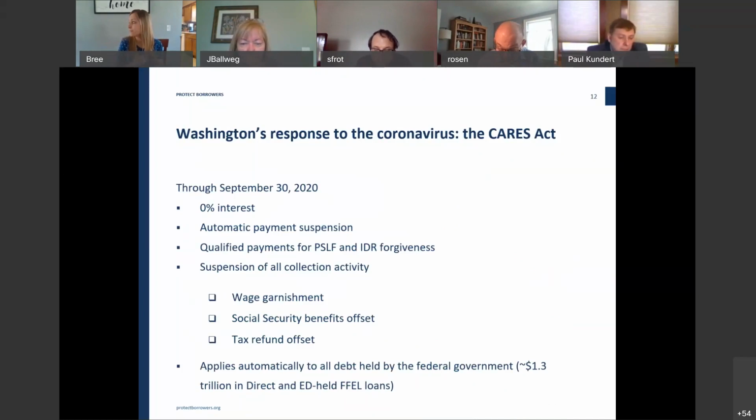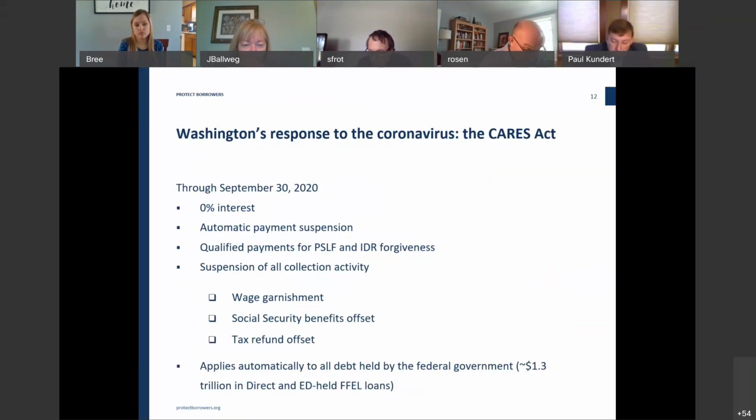So what steps has Congress taken? Obviously the most significant thing they have done is essentially pause all federal student loan payments. To be 100% precise, for any loan the federal government holds, which is around $1.3 trillion of it, they said that for the next few months, borrowers don't have to make payments and no interest will accrue.